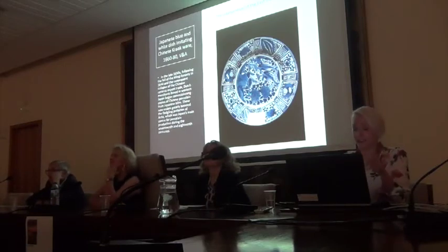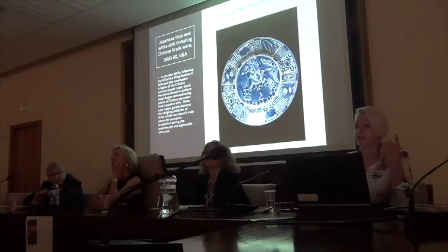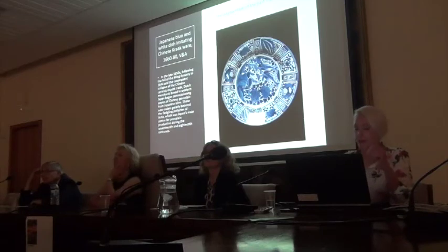Like this one, this is the Japanese version of a kraak dish. And these are being traded to all the markets that the Chinese were trading to originally. So you could call this industrial espionage, because it basically was. But this built on the very successful trade established by China in the Ming.